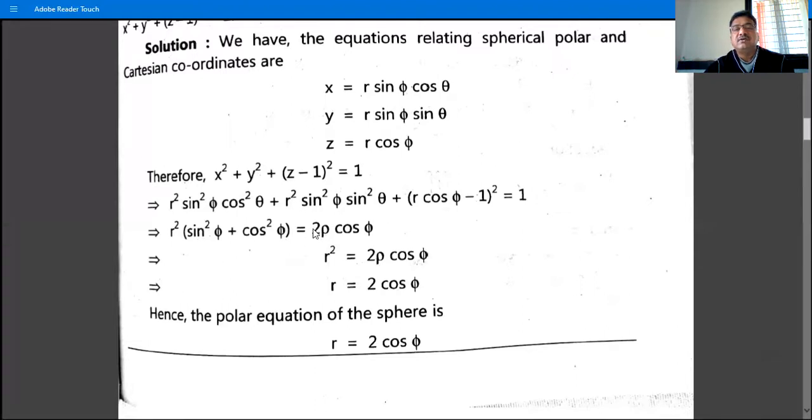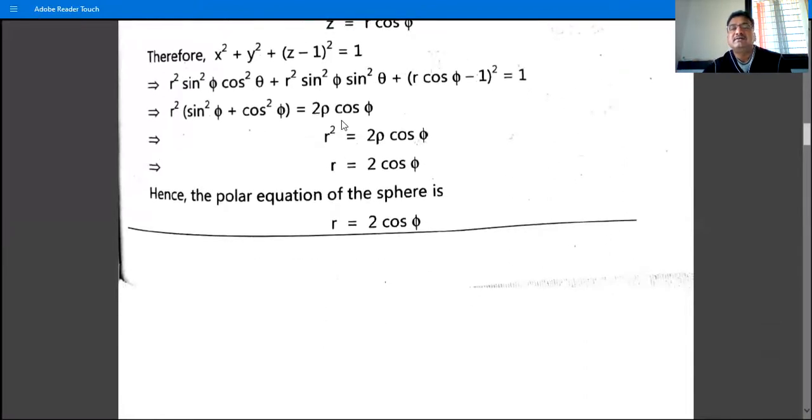Either use r or rho notation; there is confusion because sometimes r as well as rho is used. Here it is r. So r square is equal to 2r cos phi, and then cancel one r from the left side and right side. We have r is equal to 2 cos phi.